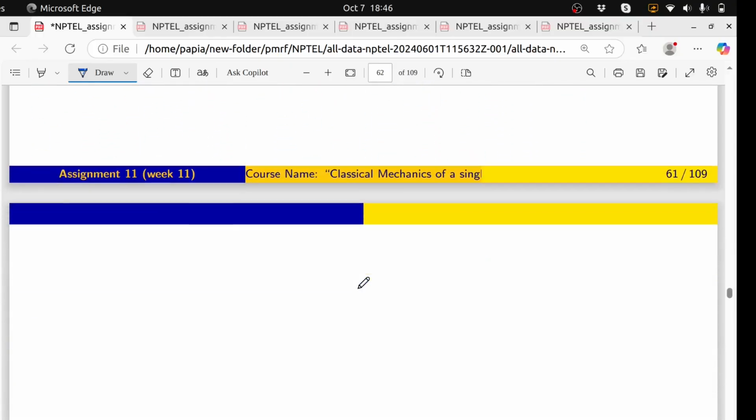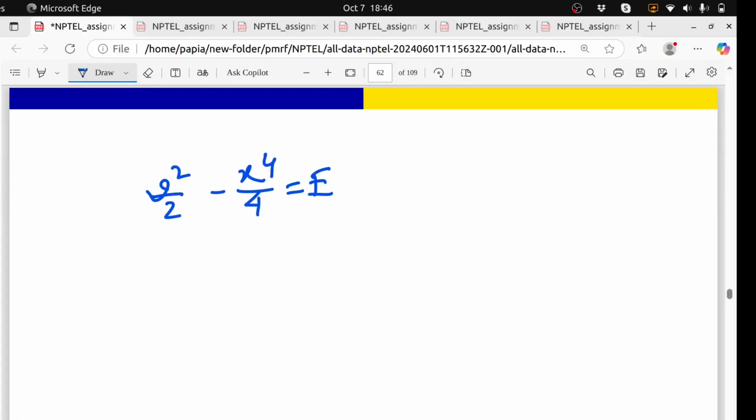And that constant, maybe I can write it like, let's say E. So x dot square by 2E minus x to the power 4 by 4E is equal to 1.